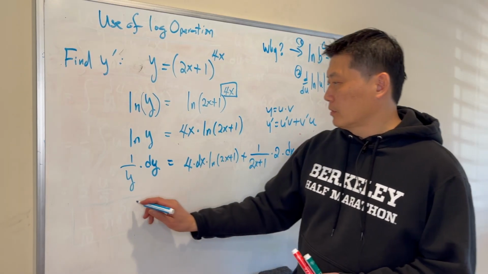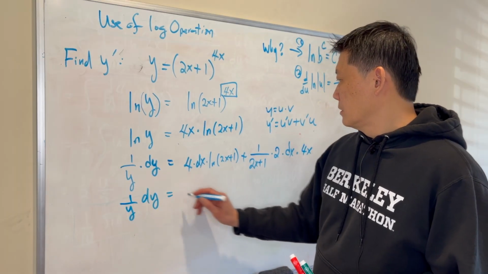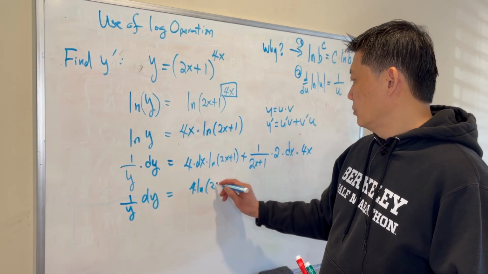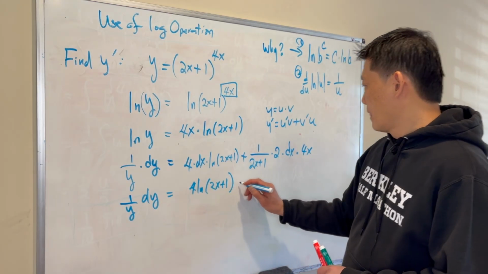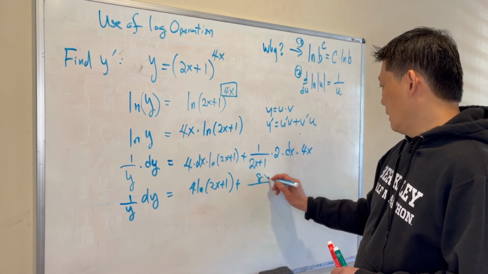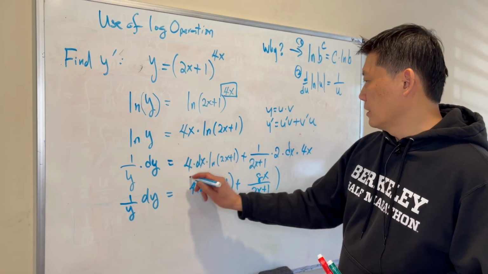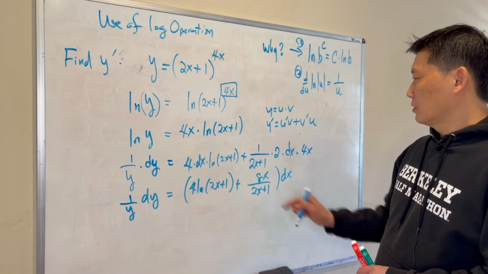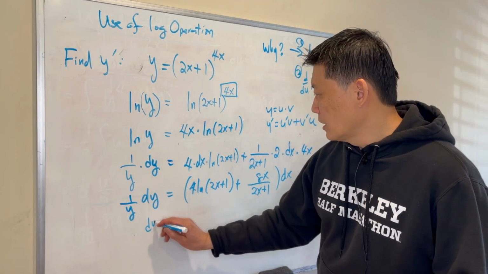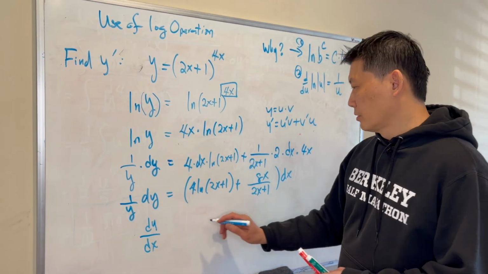Okay, now I'm going to clean this up a little bit. All right, so I have 4 ln(2x + 1) plus 8x over (2x + 1), and then the whole thing dx, because I can factor out the dx. So now I have dy over dx, because I can divide both sides by dx.